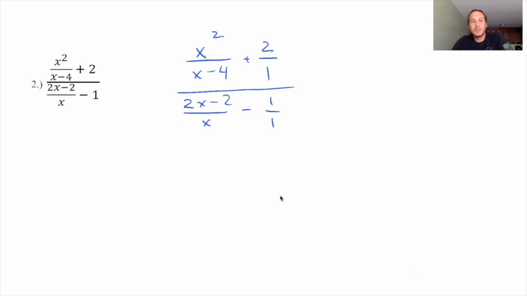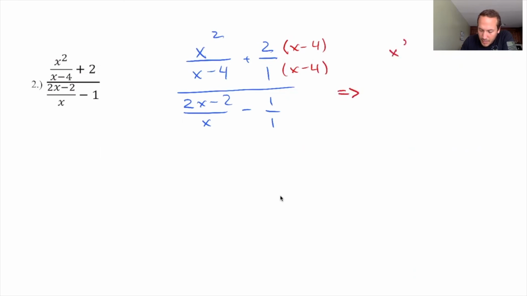Now, this is a situation that since both of these fractions kind of have a constant at the end where it's just a whole number, I actually think it's going to be easier for us to multiply this by x minus 4 over x minus 4. And then what's that going to do for me?